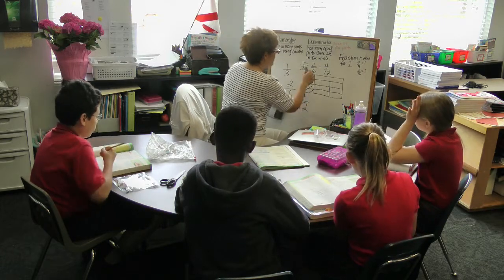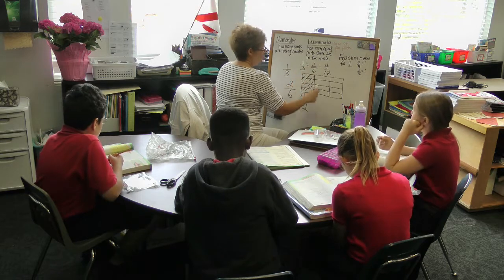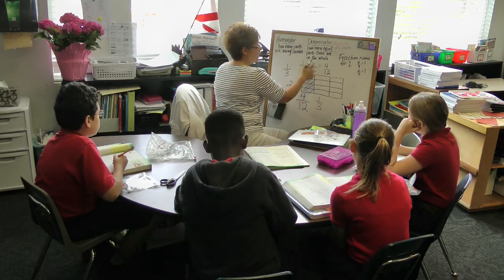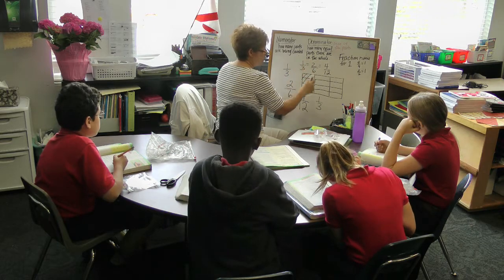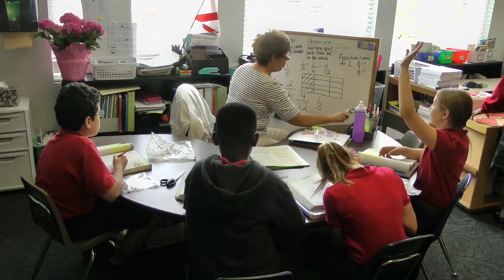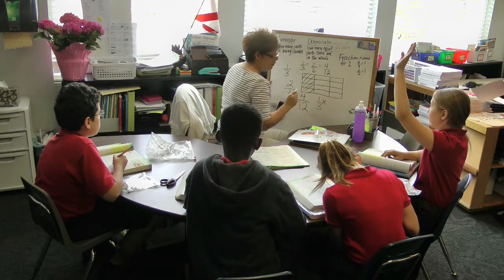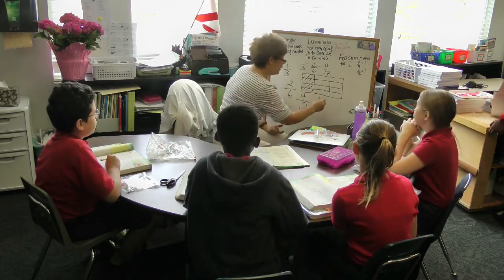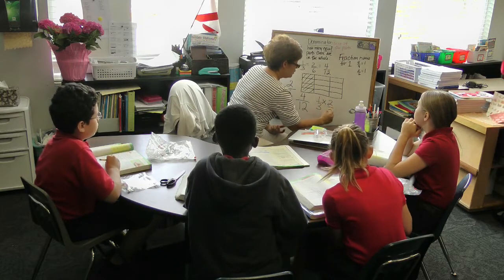All right, so if 2/6 is twice as much as 1/3, what fraction named for 1 should we multiply 1/3 by? What fraction named for 1? 2/2. Very good. 2/2.